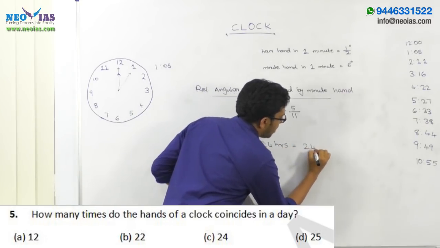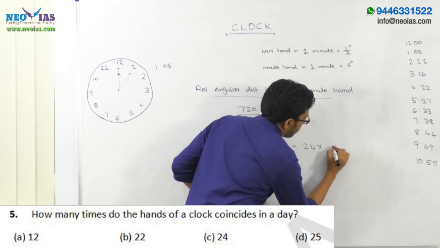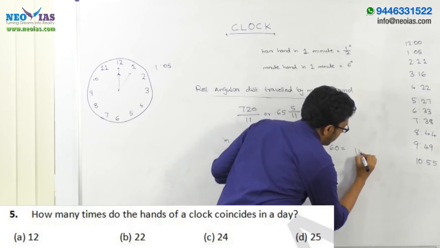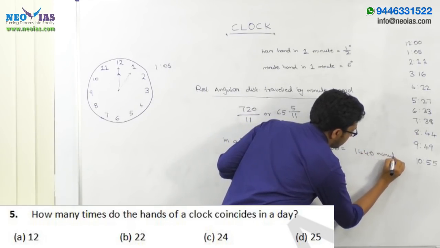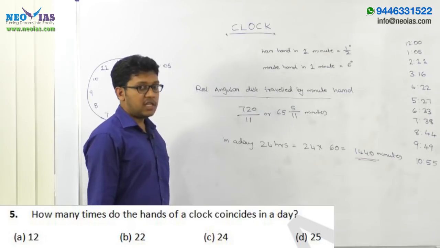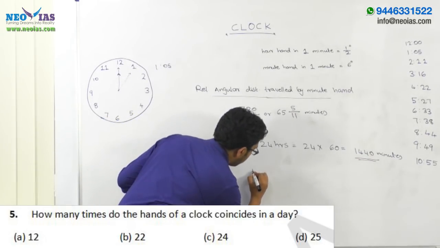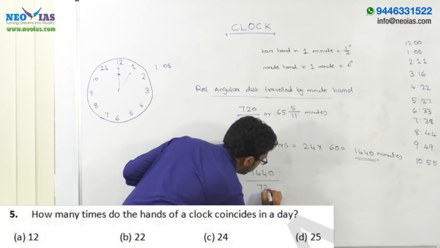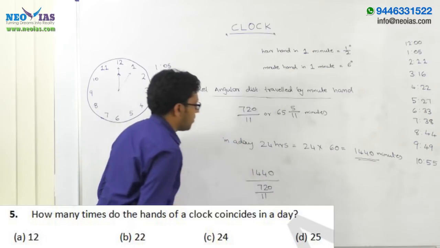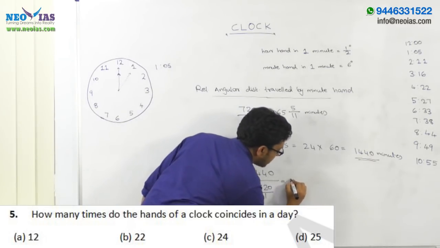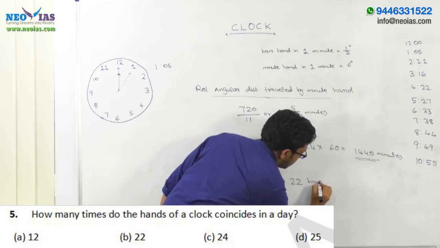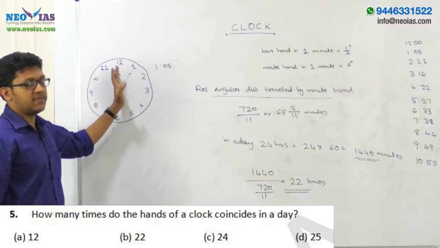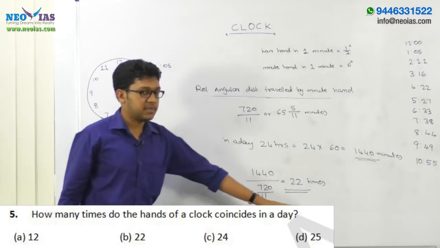Thus 24 into 60 is equal to 1440 minutes in a day. Dividing 1440 by 720 by 11, we get an answer like 22 times. That is, in a day the minute hand coincides with the hour hand only 22 times.